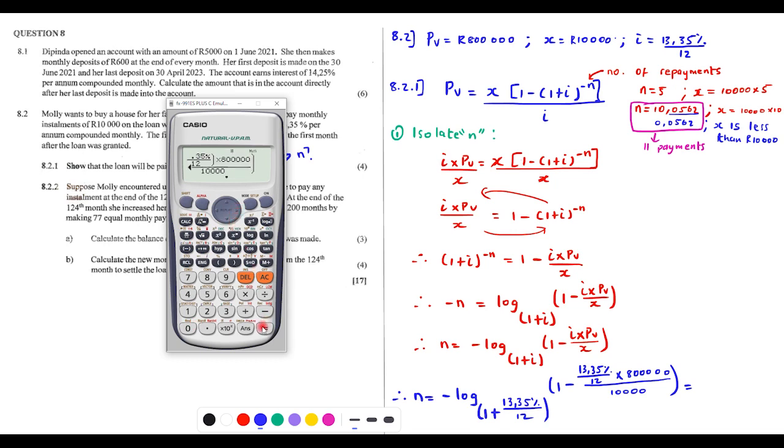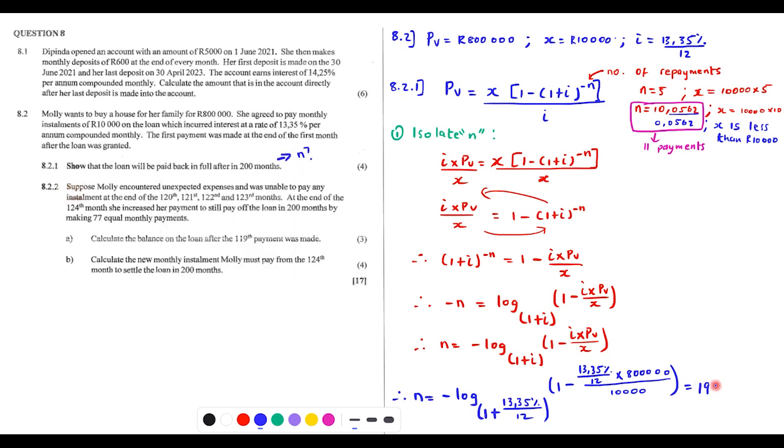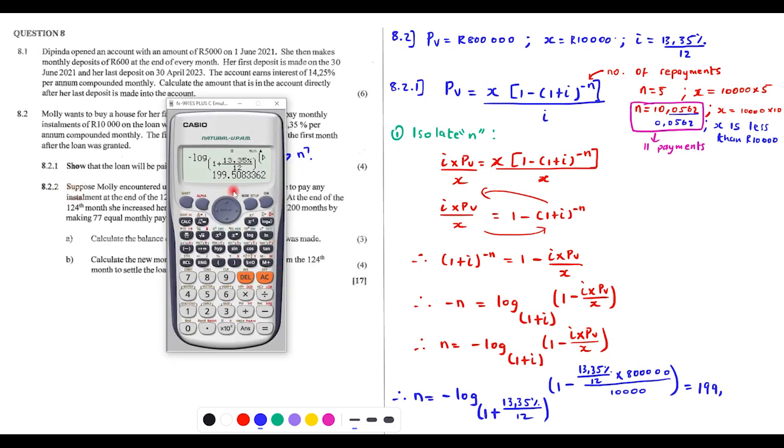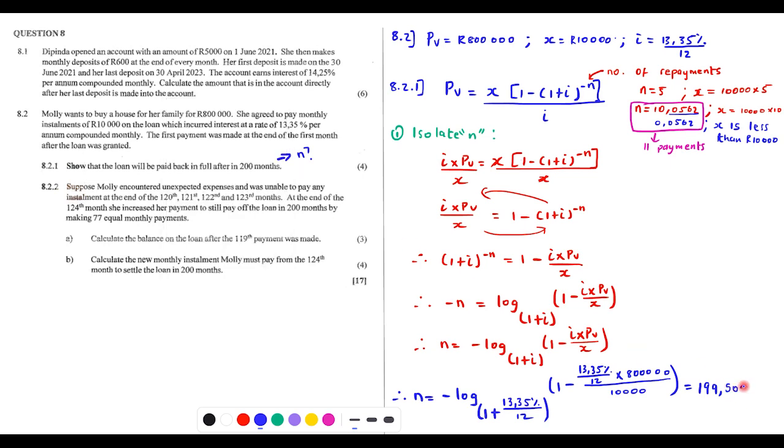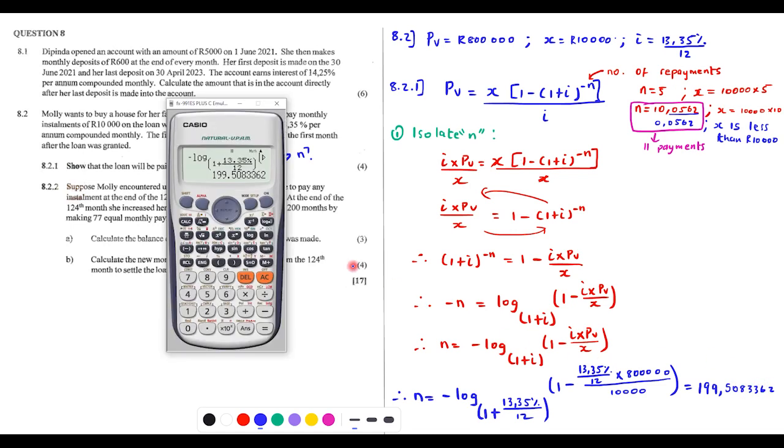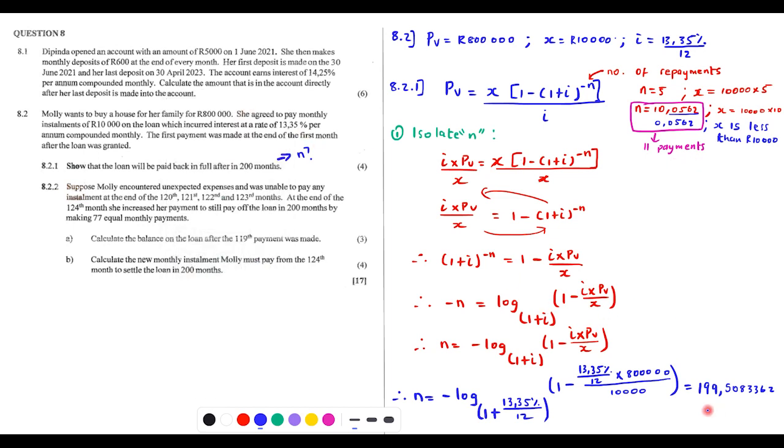There we go. You see, we're getting 199, comma, so make sure that you write all of it: 199.83362. Now, what does this thing mean? Again, just like I said earlier, that 199 tells you that the payments we made there were exactly 10,000 rands.